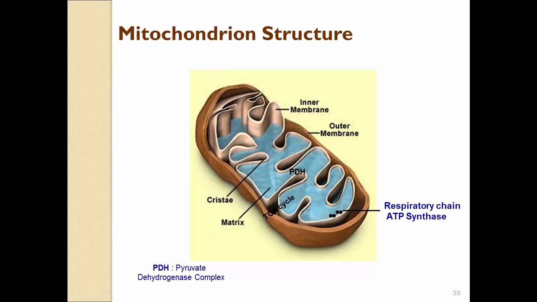And PDH, which is the pyruvate dehydrogenase complex, is also in the mitochondria. So all these enzymes are localized in the mitochondria. So the mitochondria is very important for the oxidative metabolism of all the three nutrients, glucose, amino acids, and fatty acids, right?